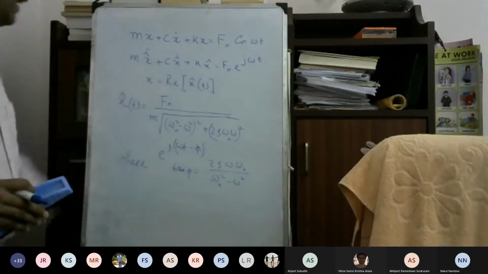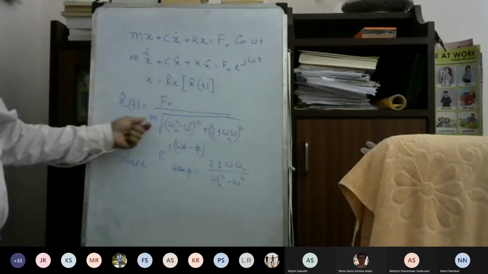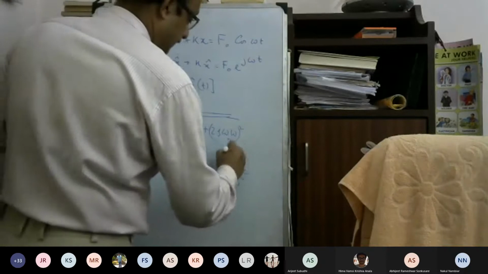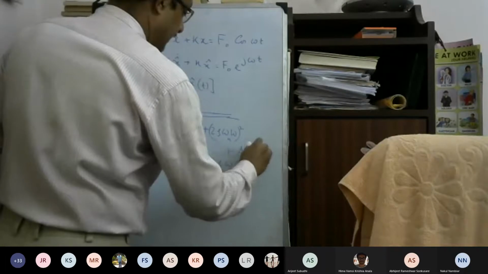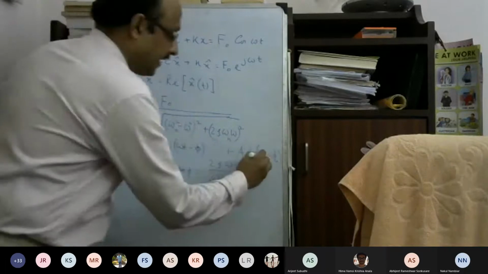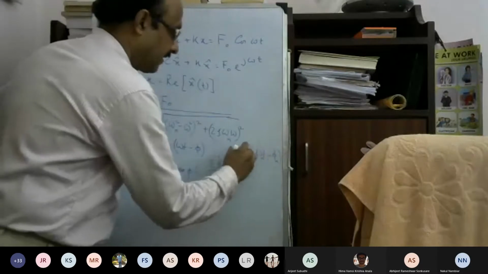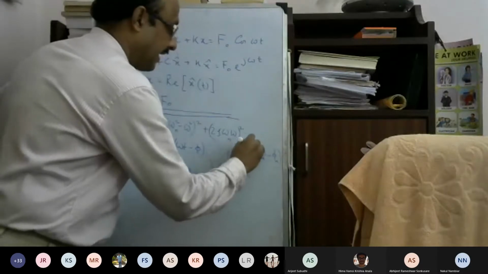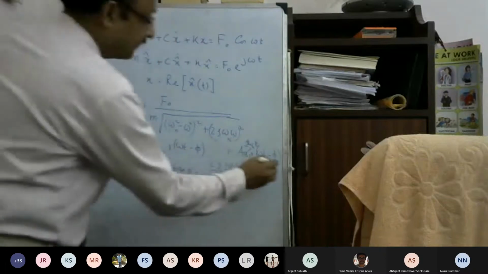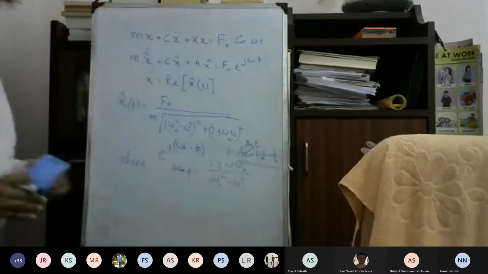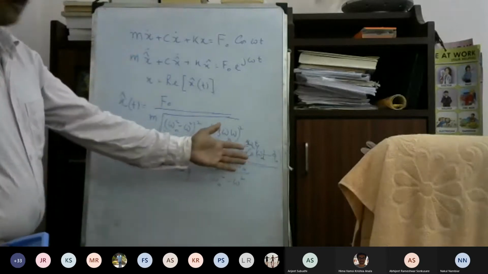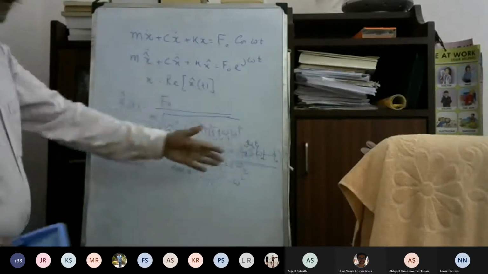The x hat t is equal to F naught divided by m, this quantity, plus of course a cosine omega t minus phi naught, omega n t minus omega d t minus phi naught, and e to the power minus zeta omega n t. This part is due to the initial condition of the system.